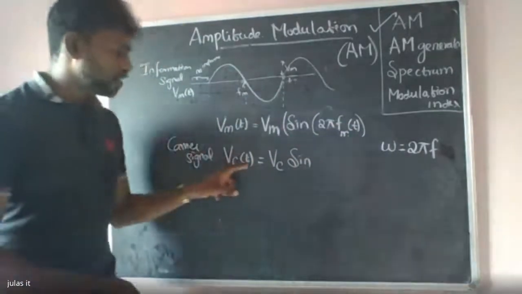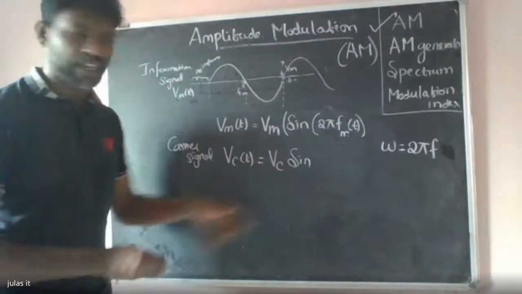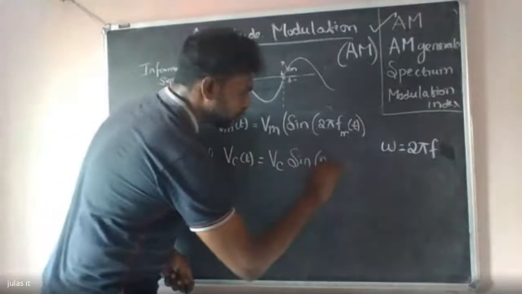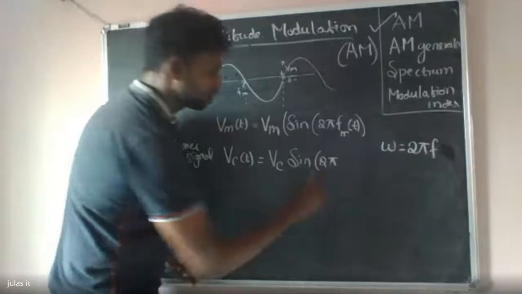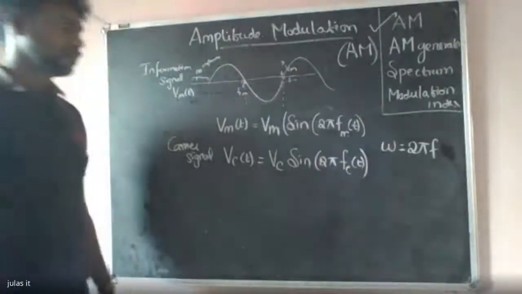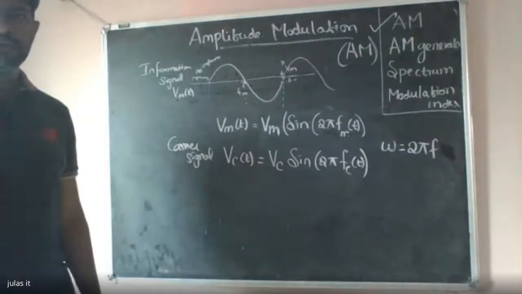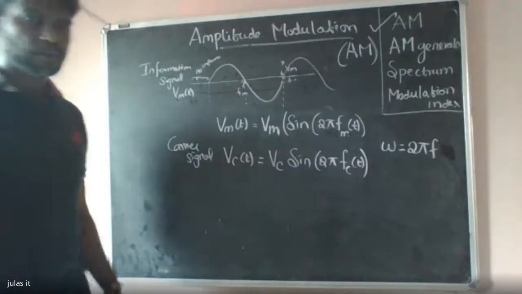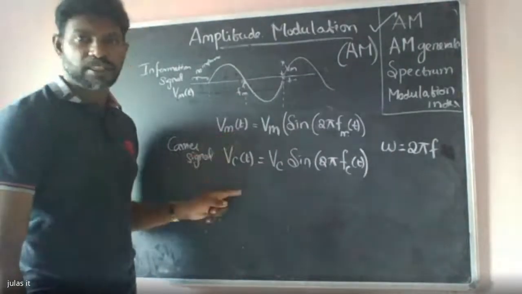So here Vc of t is equal to Vc sine 2 pi fc t. So we have Vm of t and Vc of t.